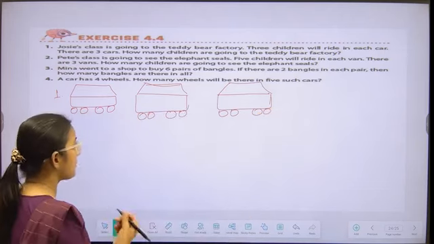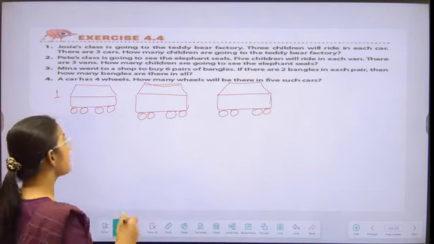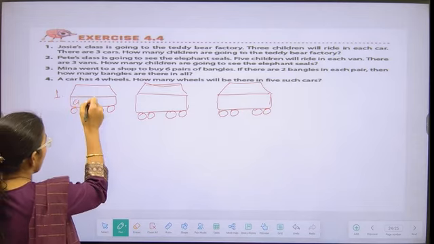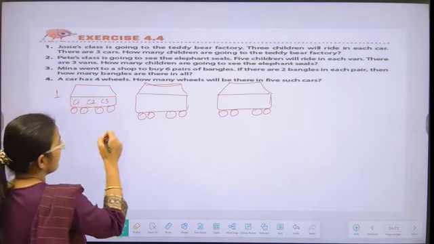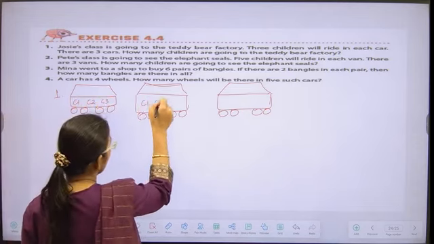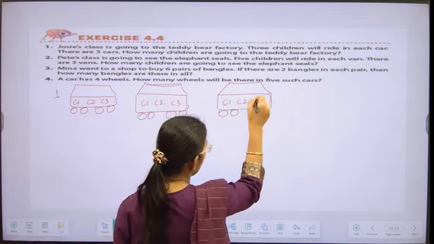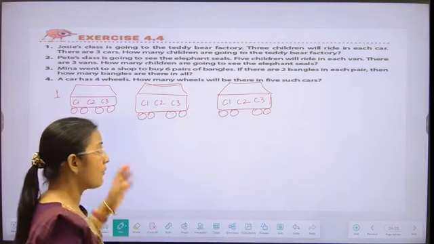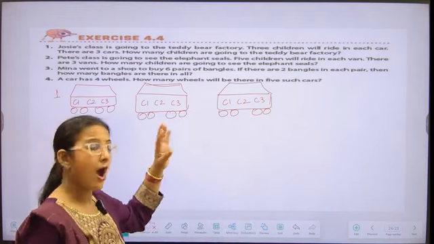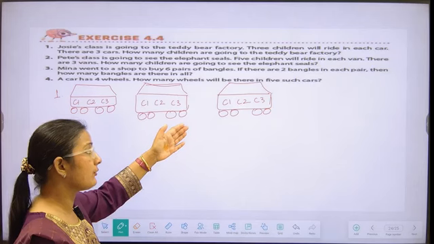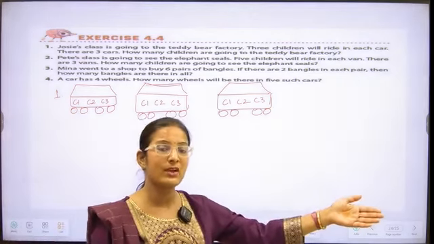And in each car, how many children? 3 children are sitting. This is child 1, child 2, child 3. Again, child 1, child 2, child 3. Now we have to tell how many children in total are going to the teddy bear factory.